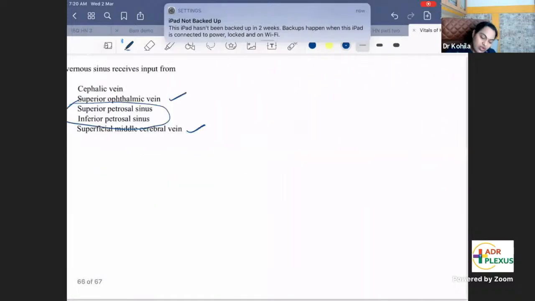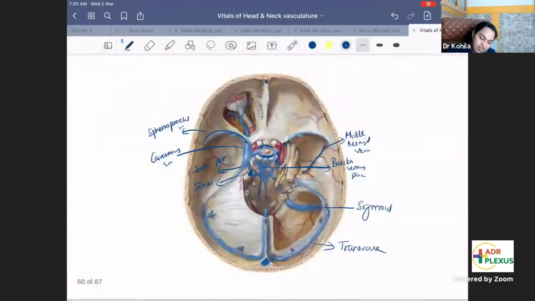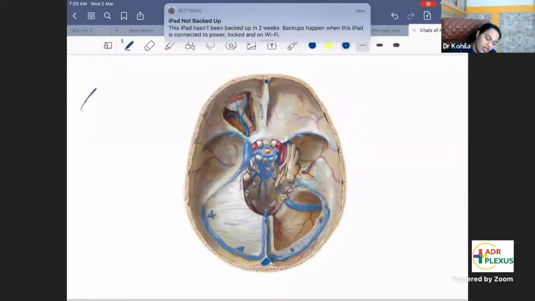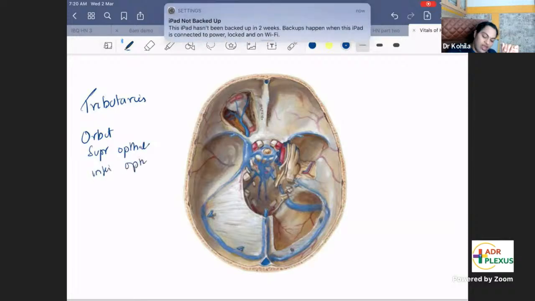Okay, guys, I just want to talk about the tributaries of cavernous sinus. One picture, I can show you. Just the last slide, stay with me. Tributaries mainly from the orbit. So what are the veins related to orbit? The superior ophthalmic vein, sometimes the inferior ophthalmic vein, and sometimes the central vein of retina.